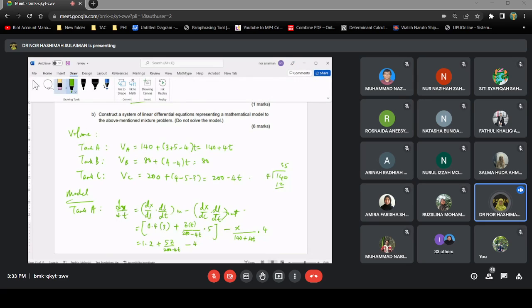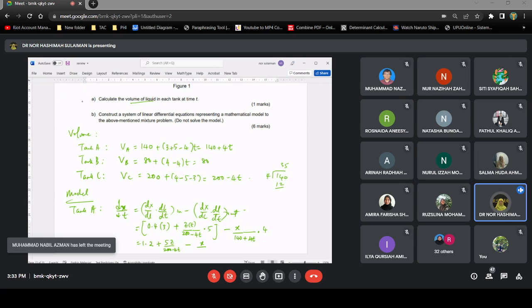Kalau you nak kecilkan pun boleh, nak pun tak apa, tapi sebenarnya elok kecilkan. So you have X over 35 plus T, right? Betul?